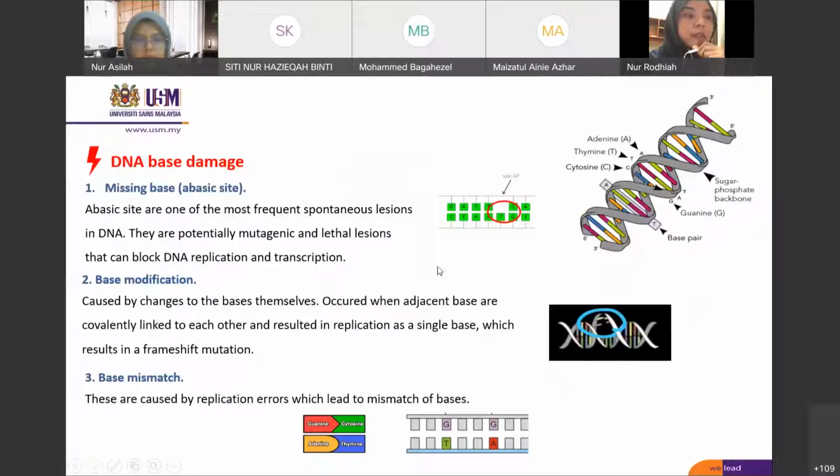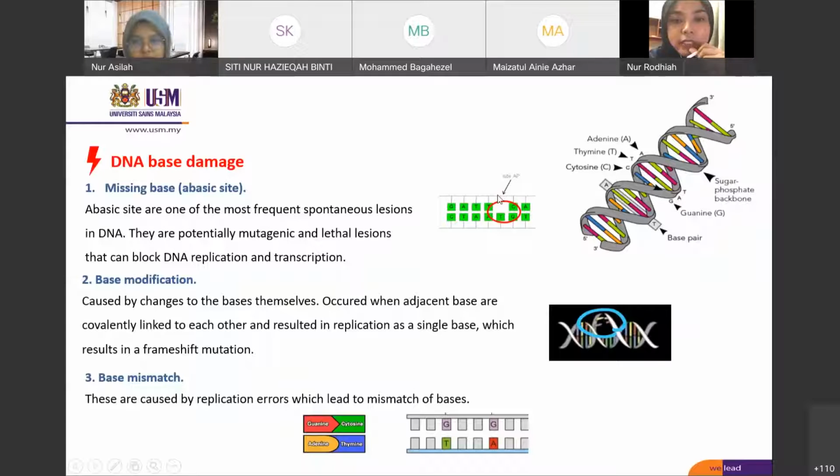There are three types of damage that can occur at the base of DNA. First, let's take a look at the normal DNA structure. This is the normal pairing of DNA bases. Adenine is paired with thymine, cytosine is paired with guanine. So what happens in the first type of DNA base damage is a missing base, or we also call it an abasic site.